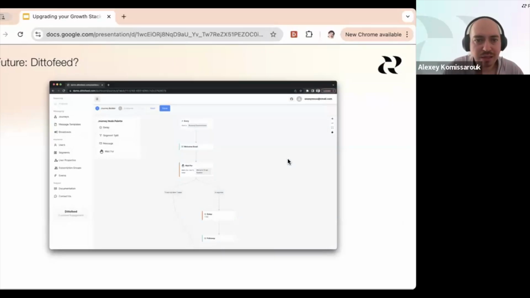And the idea here is, again, it's warehouse native and it's open core, which means that if there's some feature that it's missing, or if you need to add something like, hey, I want to run a unit test before this results, you don't need to abandon the entire system, just fork it and iterate on it. And of course, Iterable and Braze all cost an arm and a leg, versus once you are warehouse native, you can have the data and the charge will simply be for the tool on top.